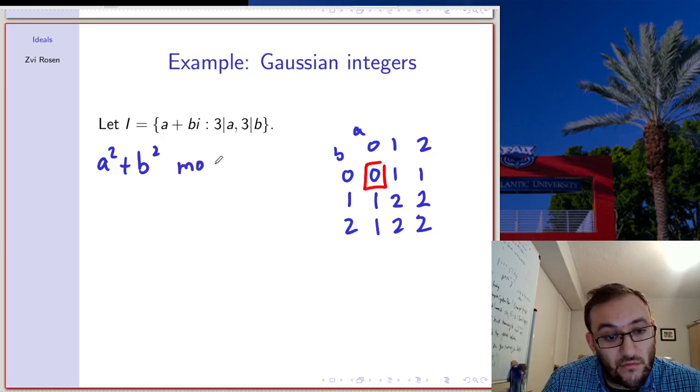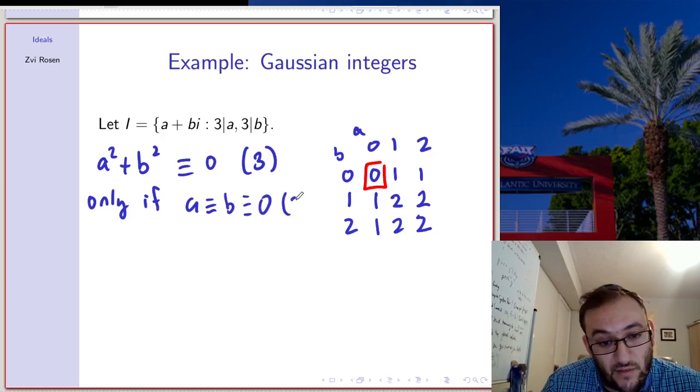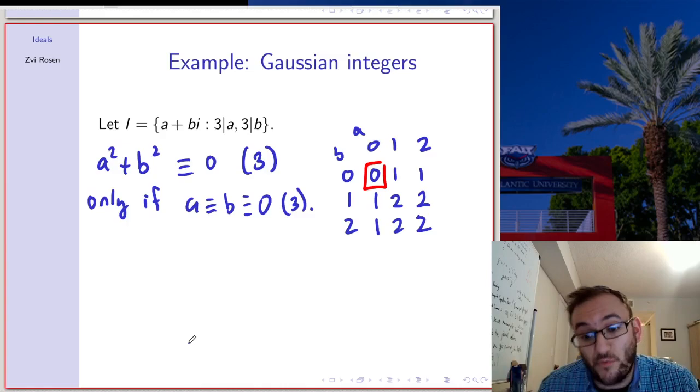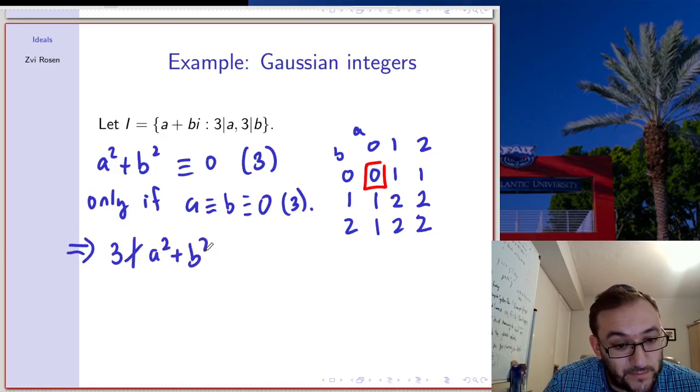So a squared plus b squared is 0 mod 3 only if a is congruent to b, which is congruent to 0 mod 3. But since we know that's not the case, because otherwise x would be in I, this means that 3 does not divide a squared plus b squared.